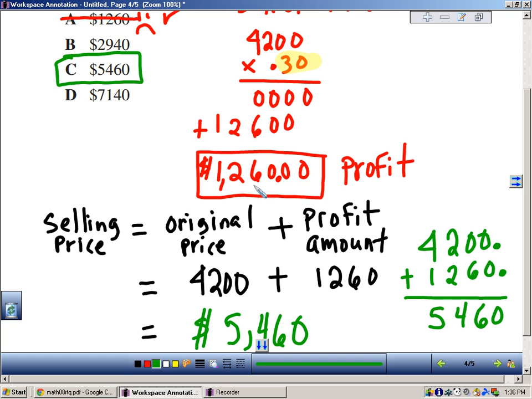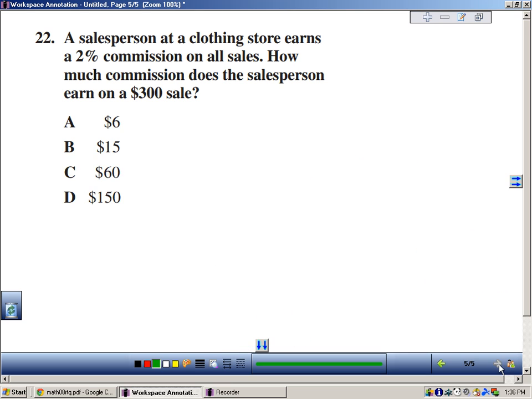One more question. A salesperson at a clothing store earns 2% commission on all sales. How much commission does a salesperson earn on a $300 sale? Another key word, commission. This is where you're going to take and find the percent of a given number.